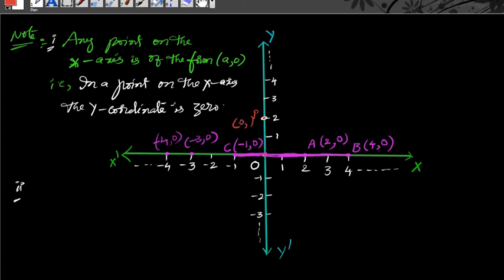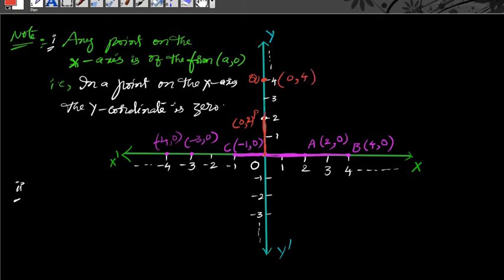The distance from the origin on the y-axis, how much is it? 2 units, and that is upward. Upward 2 units means positive 2. In the same concept, this one, let it be point Q. The x coordinate should be 0 and the y coordinate is at a 4 unit distance from the origin.